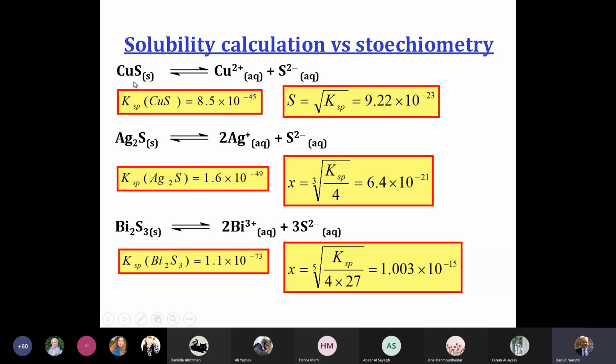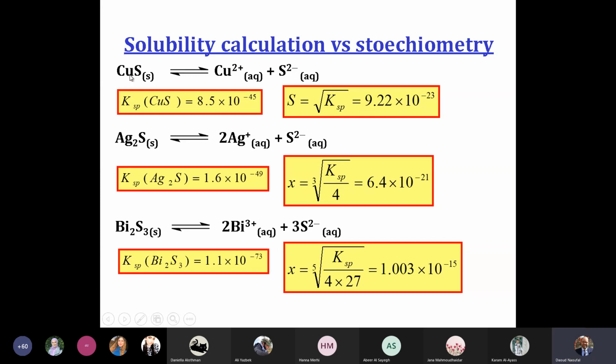Example: compare the solubilities of the saturated solutions of the following weak electrolytes: CuS, Ag2S, Bi2S3. Ksp of CuS, Ag2S, and Bi2S3 are given.